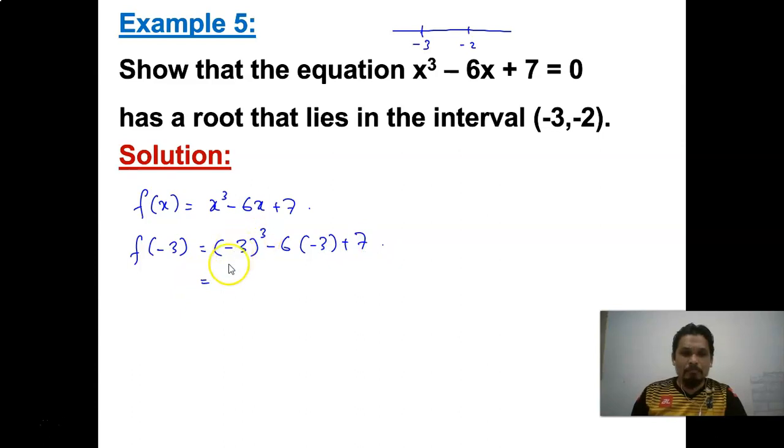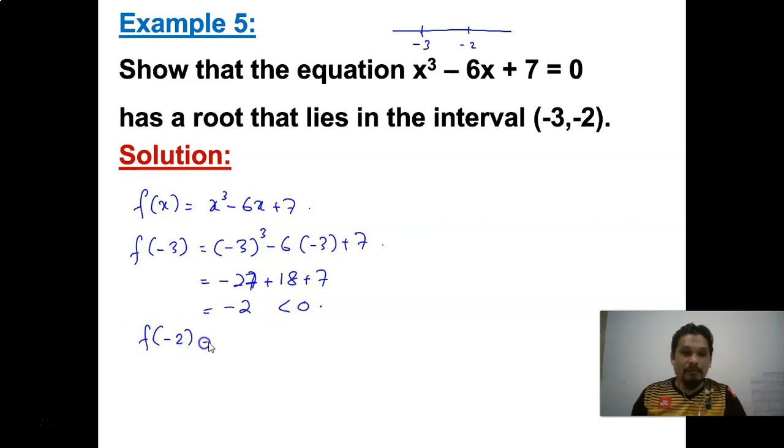Negative cube: 3 times 3 equal to 9, 9 times 3 equal to 27, so it is -27. -6 times -3 is plus 18, plus 7. 18 plus 7 is 25, minus 27 equal to -2, which is less than 0.